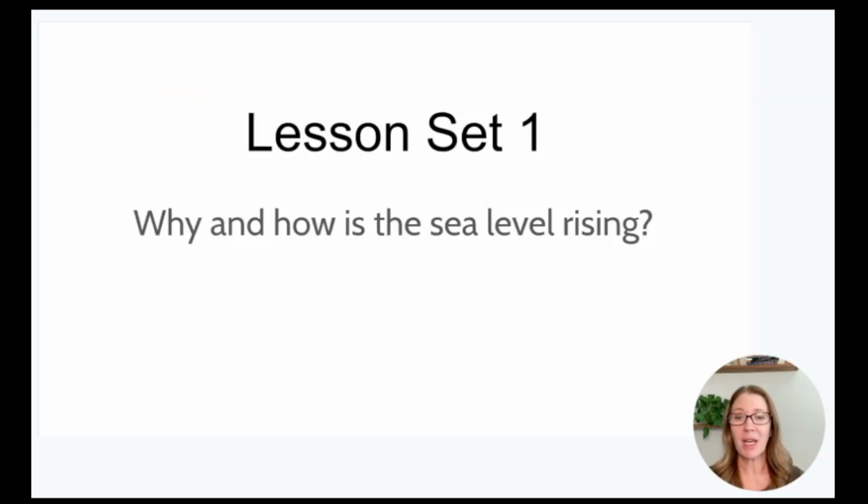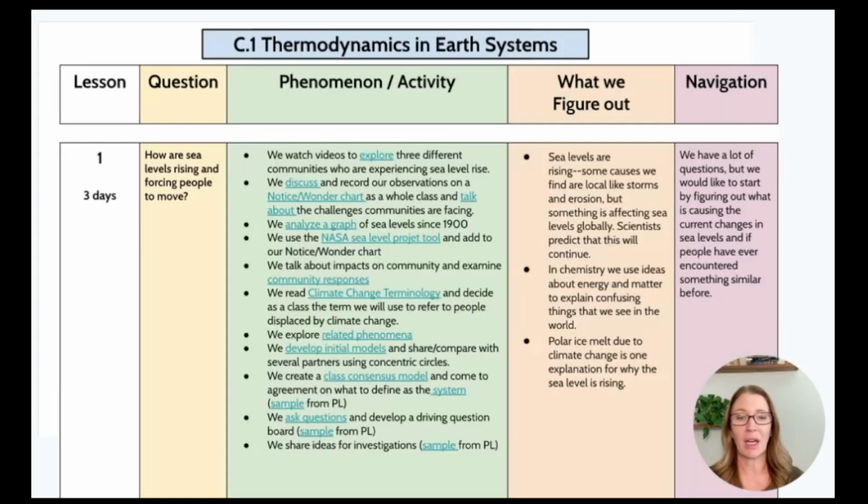Okay, let's get started with lesson set 1, all about why and how the sea level is rising. We're going to take a quick walk through lesson 1. If this is your first time implementing an OpenSciEd unit, expect to go a little longer than this. I would say about 4 days if it says 3.